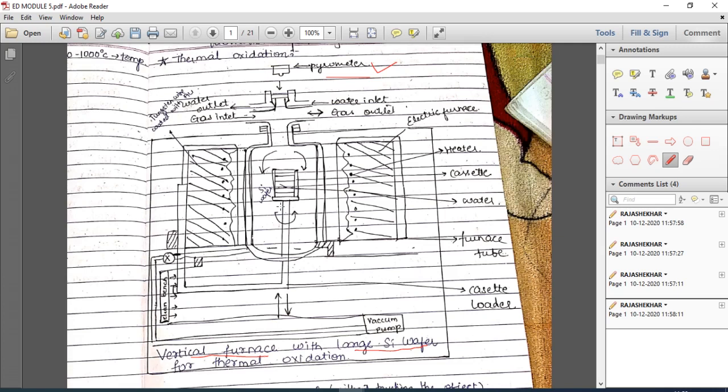So by using the pyrometer, we can measure the temperature of this furnace. Next is this one, which is used to inlet the water or to inlet the gas. Here we can use gas or water to perform oxidation.